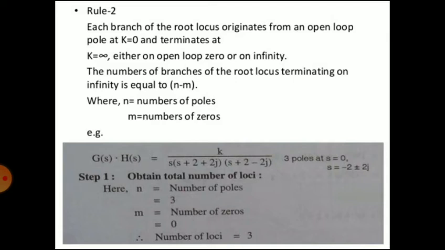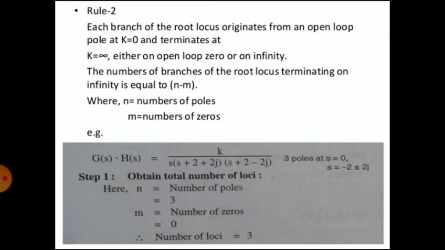Out of n branches, m branches will terminate at the locations of open loop zeros, and the remaining n minus m branches will approach infinity.